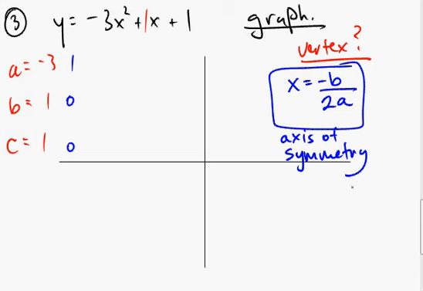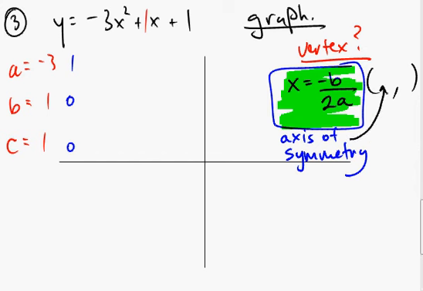When you're graphing these quadratic equations, the vertex is the most important part. You really need to figure that out first. On a question like this, you can use this formula to find the axis of symmetry, which will tell you the x value of the vertex. It will tell you how far left and right the vertex is.